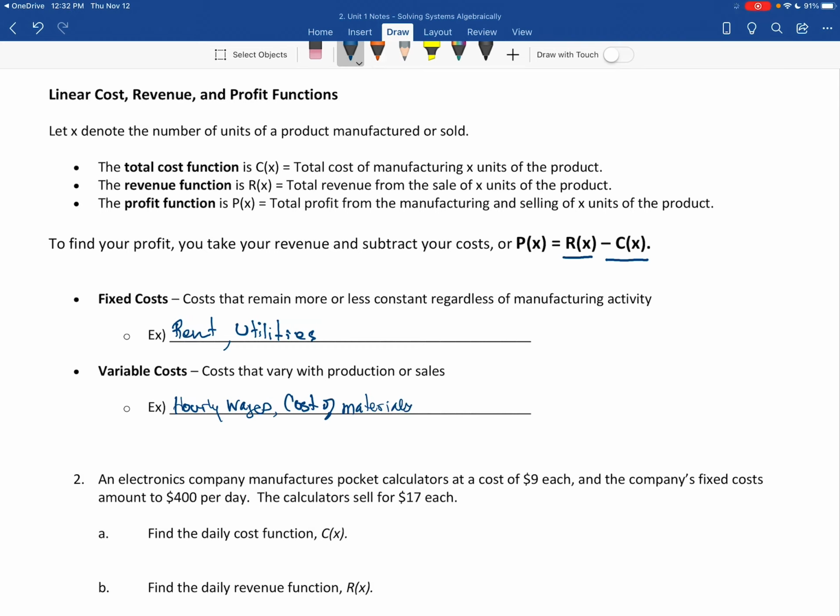If you are manufacturing something and the cost of the materials to make that product increases, then your costs are automatically going to increase as well. What we get here then is that the fixed costs, a lot of times, go with that B value in your equation, and the variable values go with your M value. Those end up being your slope.